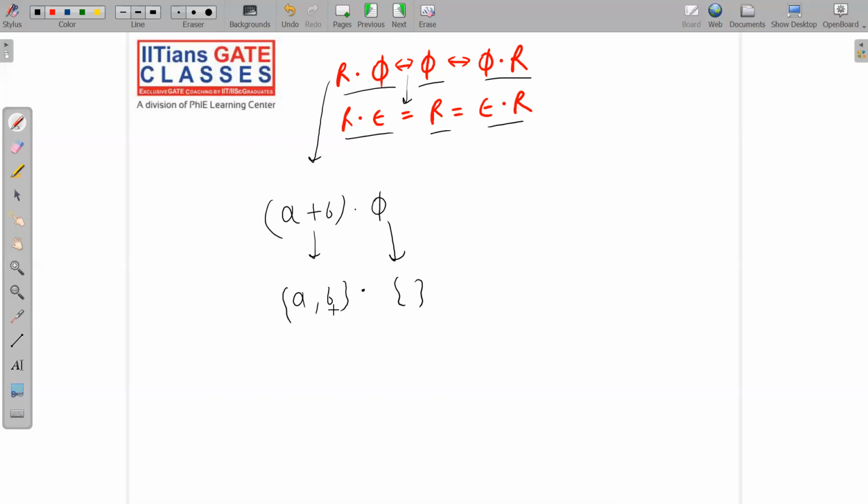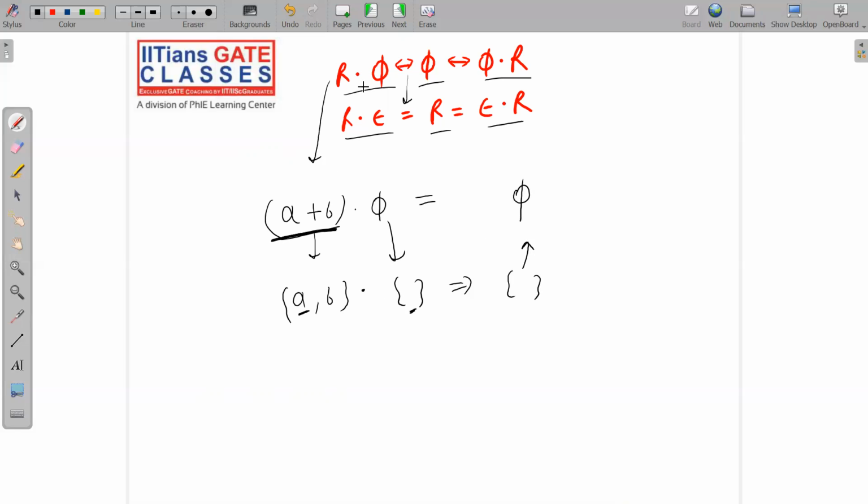Now if you want to concatenate, pick one string from here and one string from here and concatenate them. Since nothing is present here, you will get nothing. You are not having anything here, so how will you concatenate? You cannot concatenate, so the output will be nothing, that means the empty set only. So a plus b dot phi is phi only.